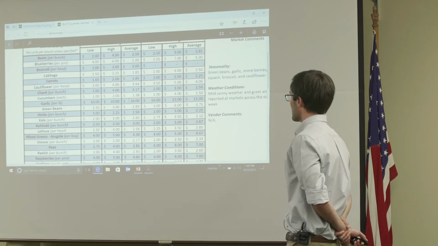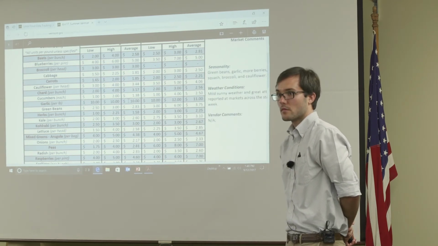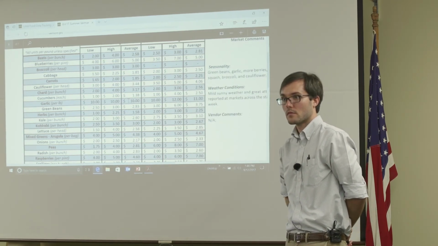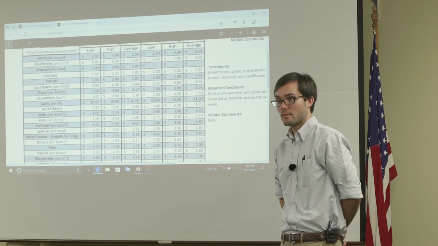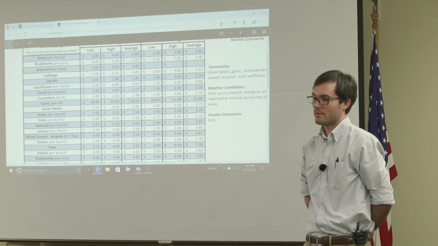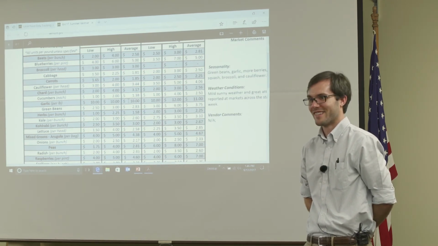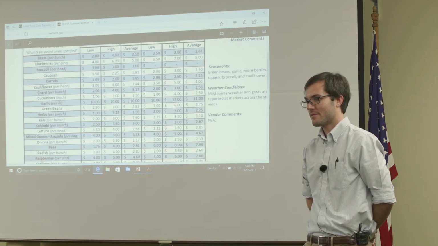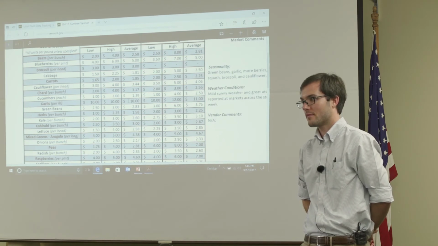What about our weekly report? Don't they have fruits and vegetables in Connecticut? Yeah, the Connecticut Department of Ag has a weekly newsletter that also has some prices on it. Aren't the prices on that report coming from Boston? I think they come from Boston.